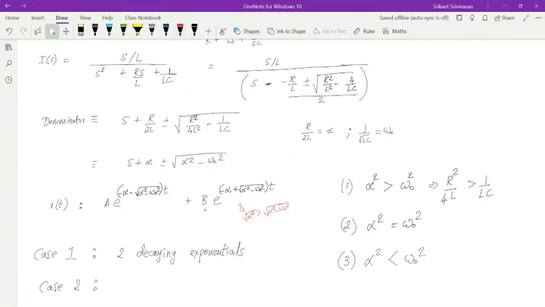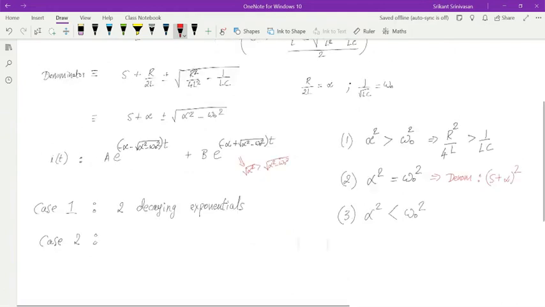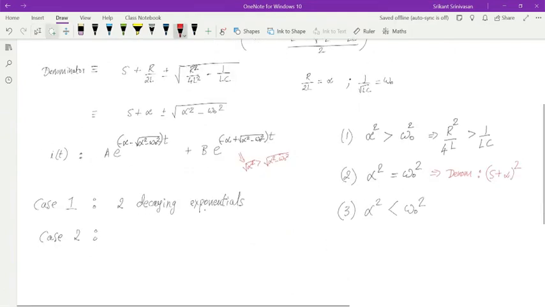The denominator becomes s plus alpha whole square. If the denominator becomes s plus alpha whole square, then we saw this interesting thing yesterday, right? What is the inverse Laplace transform? It will become t times exponential of minus alpha t. Is everyone following this so far?